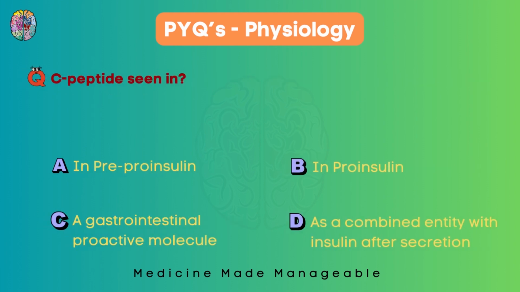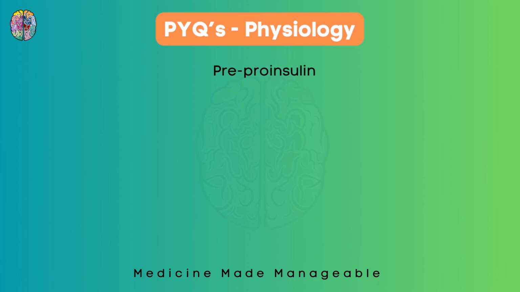C-peptide is seen in pre-proinsulin, proinsulin, a gastrointestinal proactive molecule, or as a combined entity with insulin after secretion. So to understand this, we will first have to know the production of insulin. At first we have the pre-proinsulin.